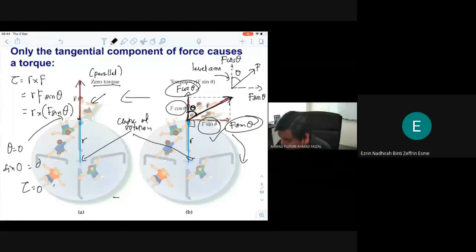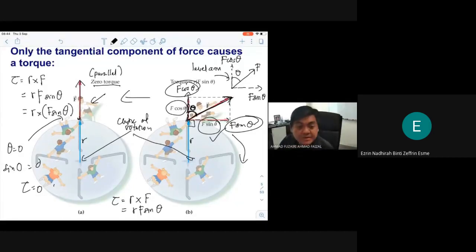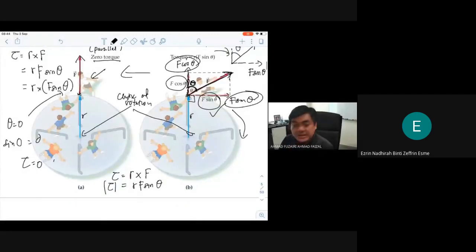Okay, so again, torque equals R cross F. So how to write it up? RF sine theta. Torque is equivalent to, I put the magnitude over there, meaning that the theta should have a significant value.